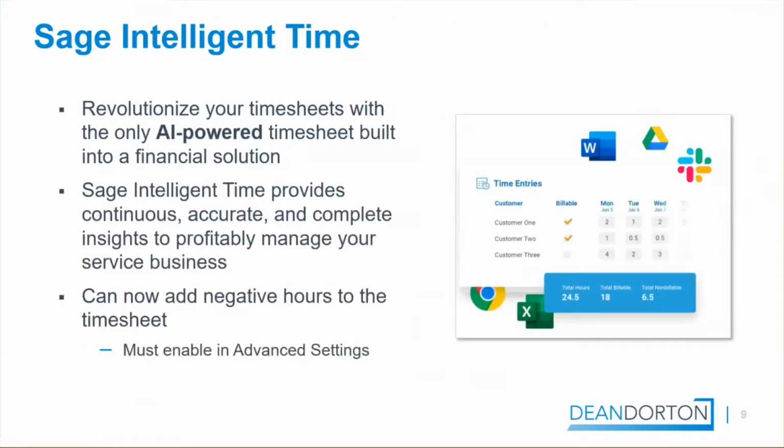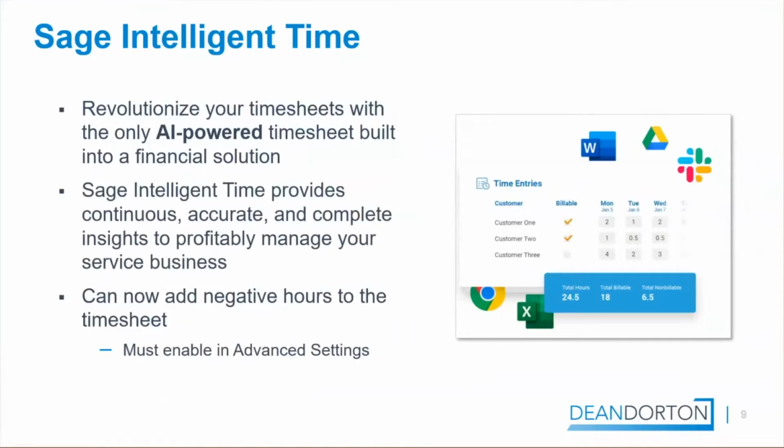So there's been some updates to the Sage Intelligent Time solution. And if you have not heard of this, then shame on us. But it's an AI, artificial intelligence powered timesheet built into this financial solution.